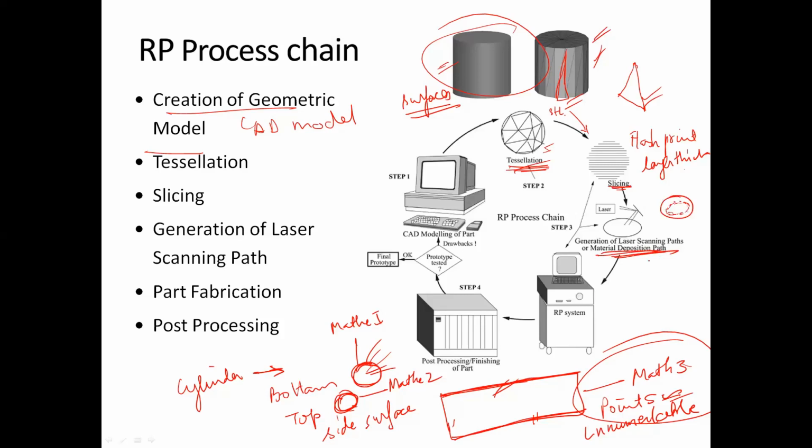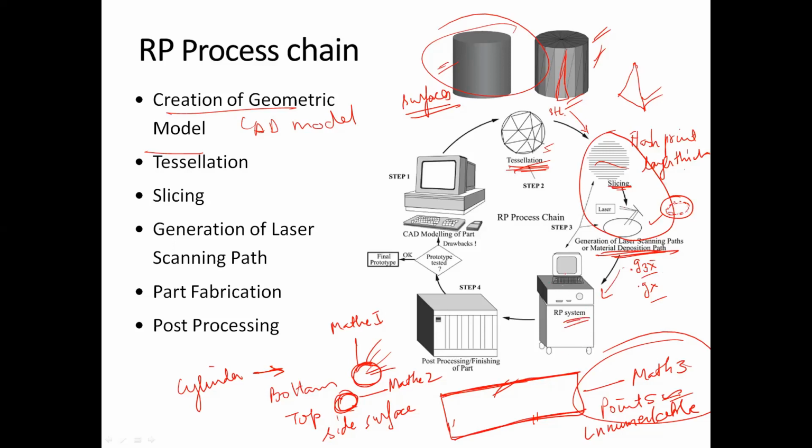The material deposition path is defined by the software based on every layer's information. Whatever comes out of this software, these two parts being done in a single software, the output is called G3X or .gx, and it is sent to the RP system.